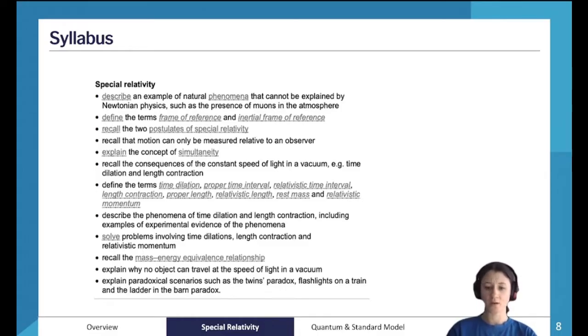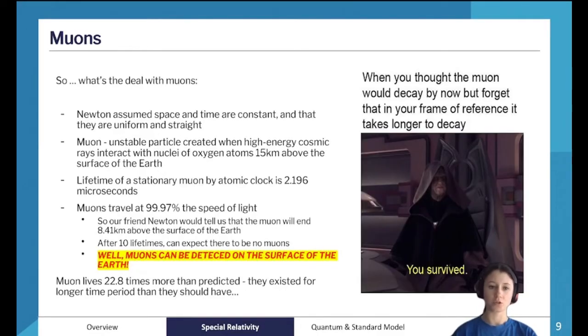Alright, let's get on to muons. So, what is the deal with muons? Essentially, muons are these very, very small particles that travel very, very fast. So, they're created in the atmosphere of the Earth, alright?